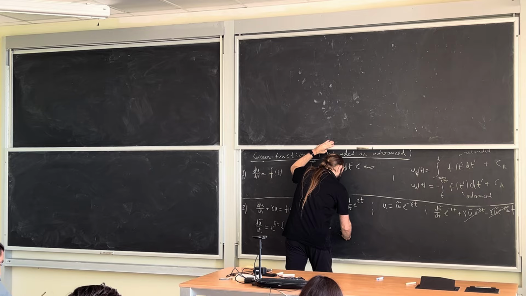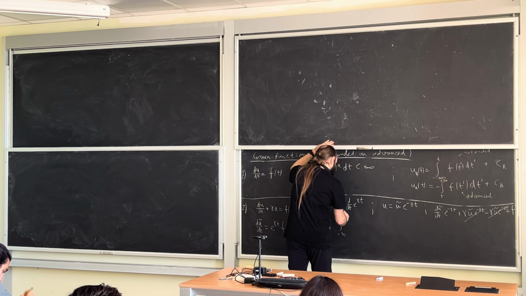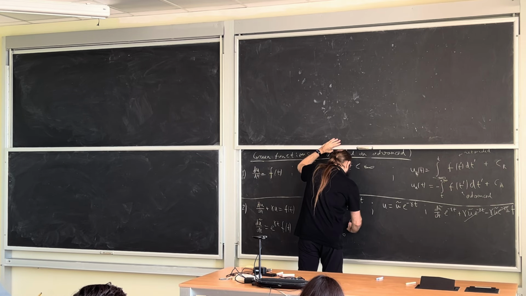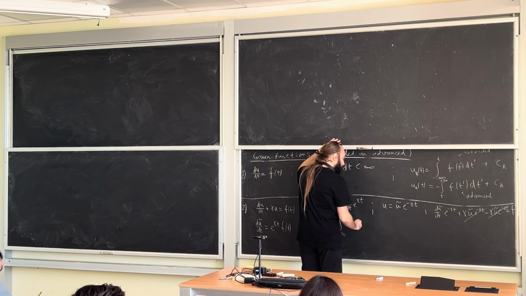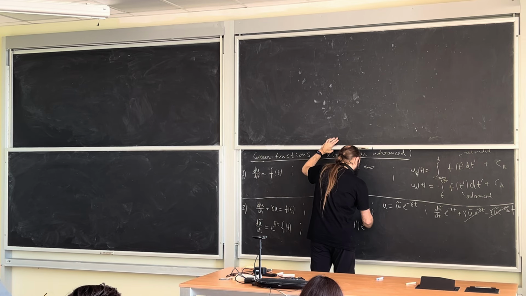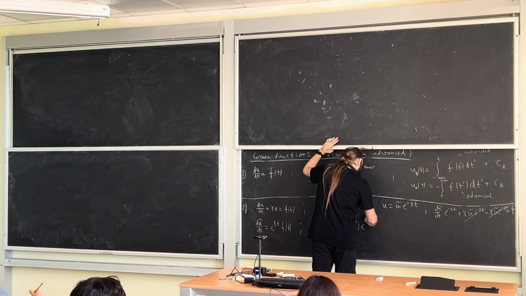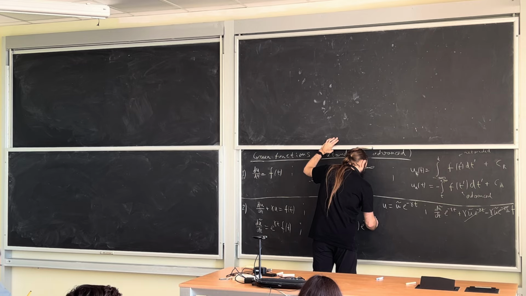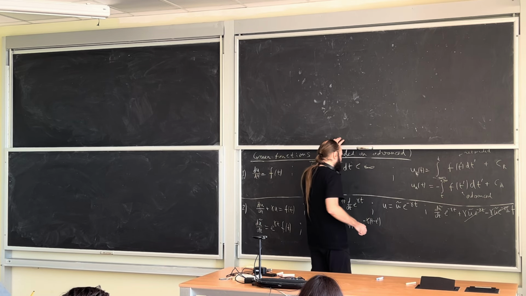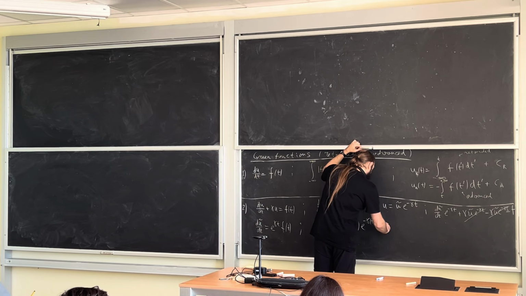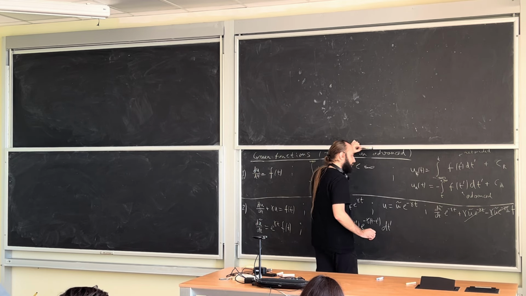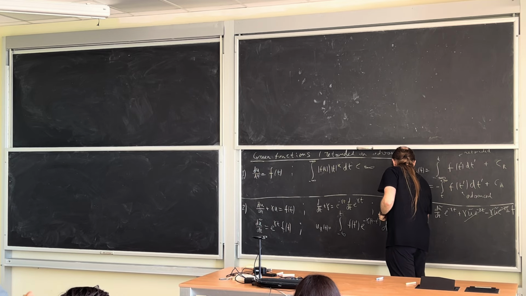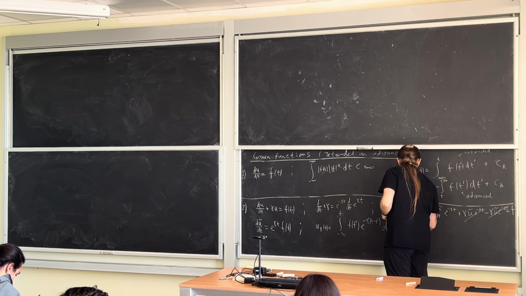So it will be the integral from minus infinity to t of f(t') e to minus gamma (t minus t') dt', plus c_R e to minus gamma t.